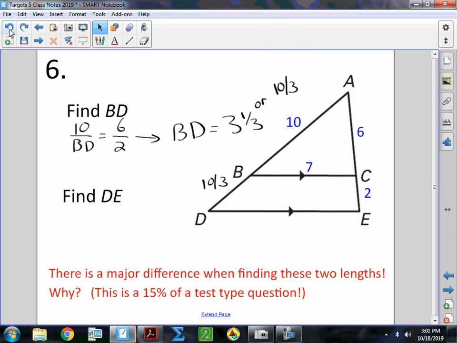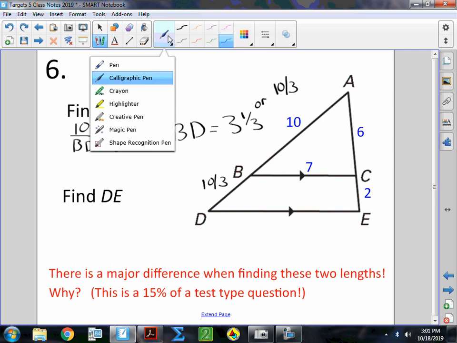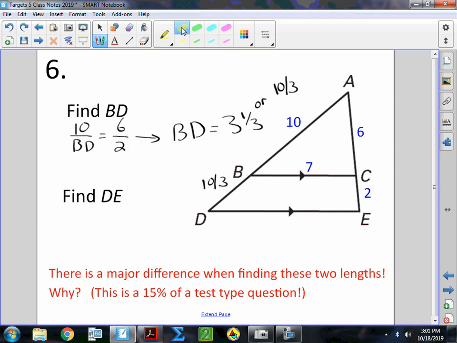When I go to look at finding DE, DE is not a part of a segment that was split up by parallel lines. So then I asked my class, what's a different way we would describe DE then? It's not part of a segment split up by parallel lines. Well, DE is simply a side of a triangle.